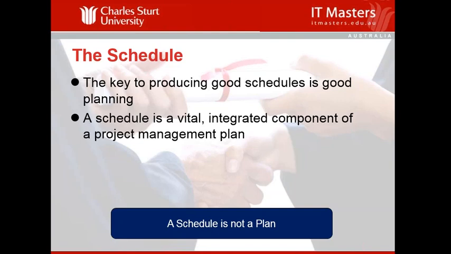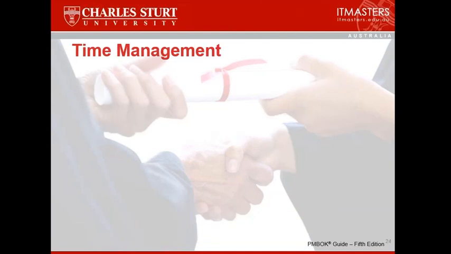The unfortunate thing about the schedule is that it is part of time management. From a project management point of view, there are 9 other knowledge areas that need to be applied to a project. So the important thing is to realize that a schedule is not a plan. When somebody says, here's my plan, you have to be diplomatic, but at the end of the day, you've got to say it is not a plan, it is a schedule.